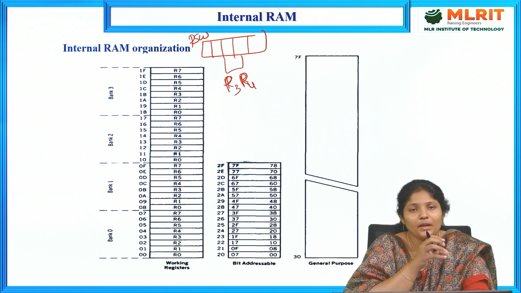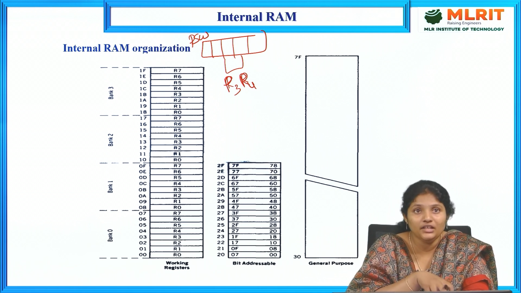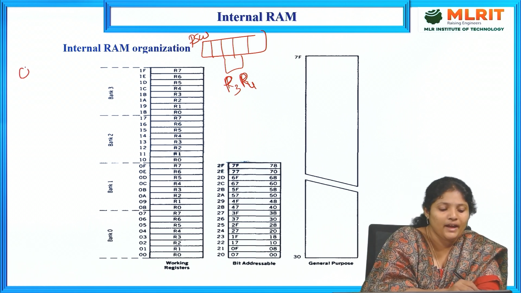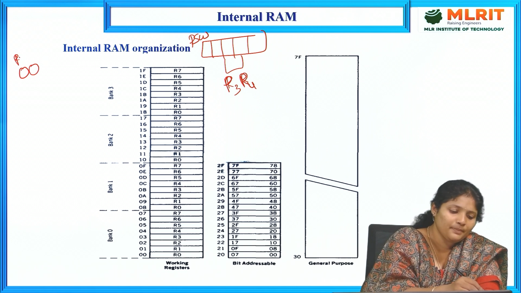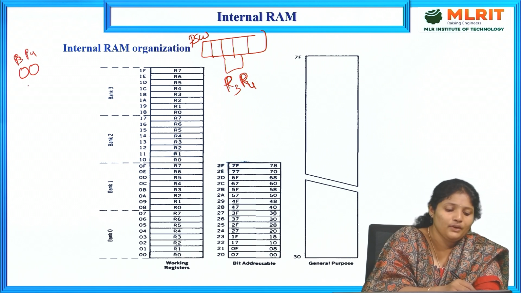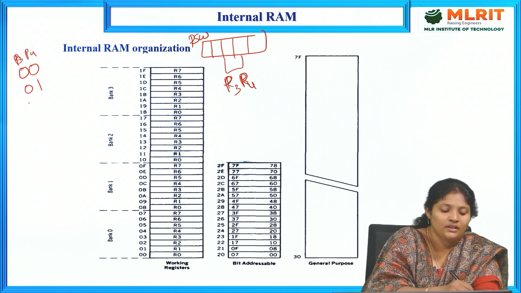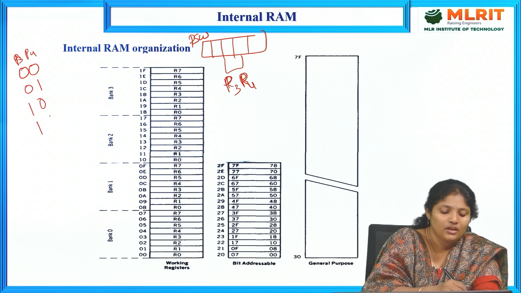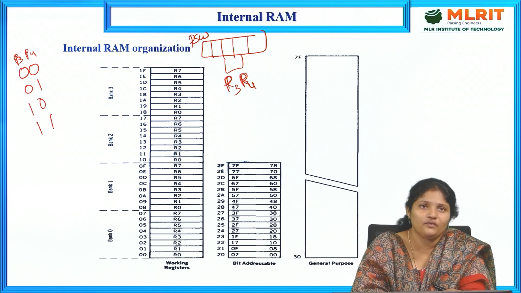At a time you can utilize R0 to R7 registers of any one particular bank. To select bank 0, 0 0 will be in those two bits. To select bank 1, 0 1; bank 2, 1 0; and if you want to select bank 3, 1 1 will be chosen.